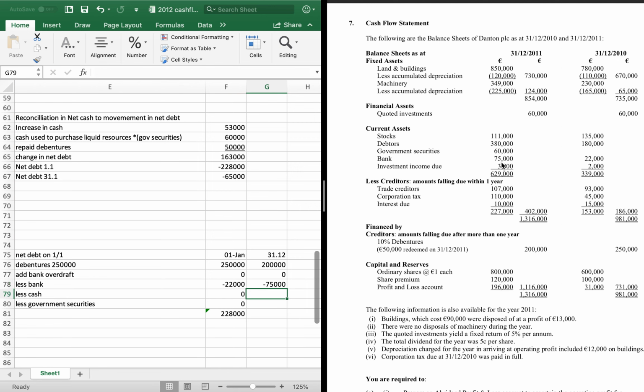We still have no cash to take away, but we have government securities of 60,000 to take away. So it's 200,000 minus 75,000 minus 60,000, which is 200,000 minus 135. So that is 65,000. So our net debt at the end of the year will be this 65,000 here. Okay, so that's our working for that.